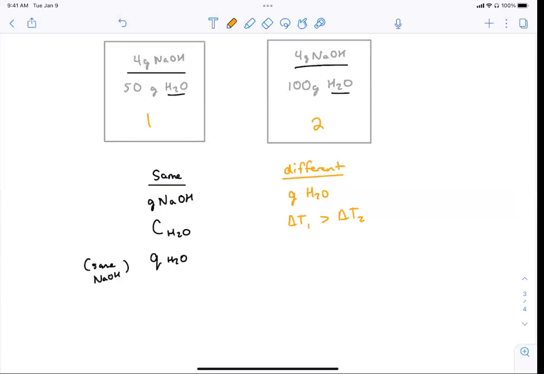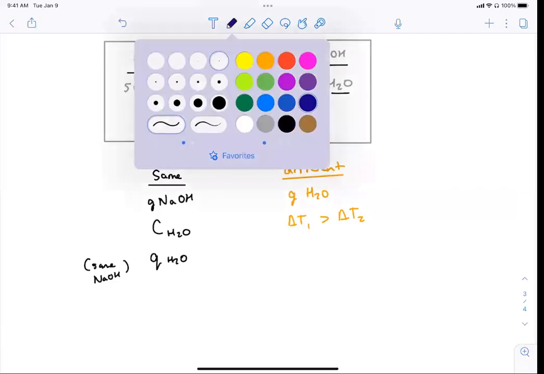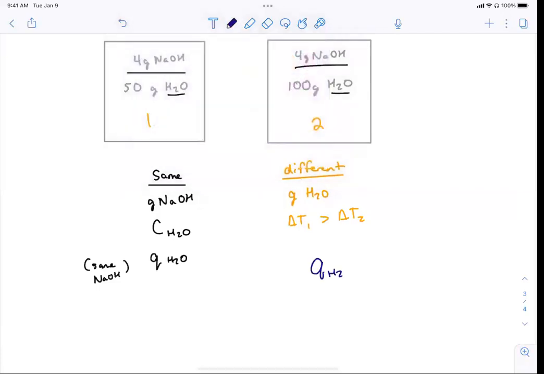This is the hard conceptual part about it, but this is the part that helps make things come together. But so because M is mass of water, exactly. So when you think about this, it's Q of the water.